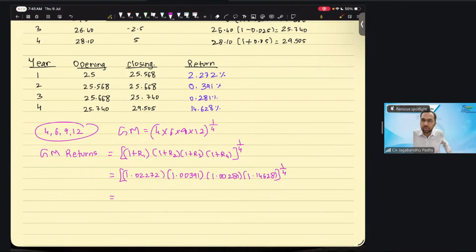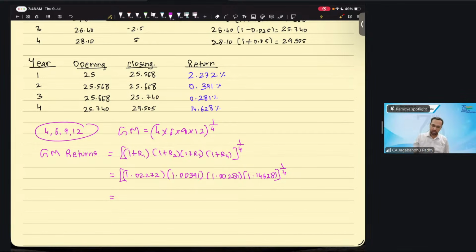Okay, calculate the geometric mean return, guys. Get the geometric mean returns. Just multiply it and take the fourth root. That will provide you the geometric mean of returns. How much is it?